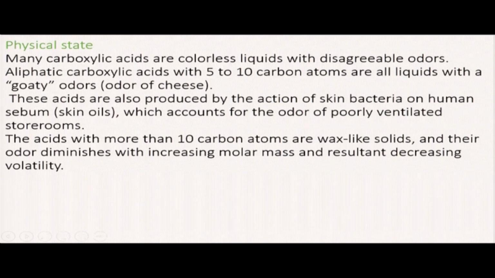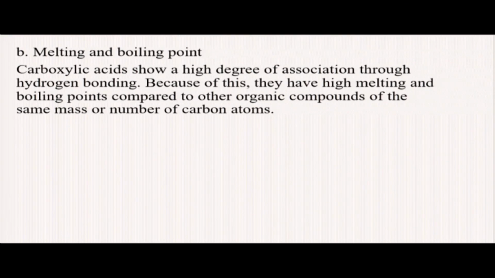For example, benzoic acid, it's not an aliphatic acid, it's an aromatic, and it doesn't have the same smell as the aliphatic carboxylic acids. Talking about the melting points, these carboxylic acids have got polar and non-polar parts of the molecule.